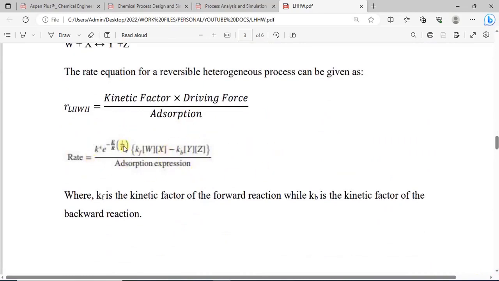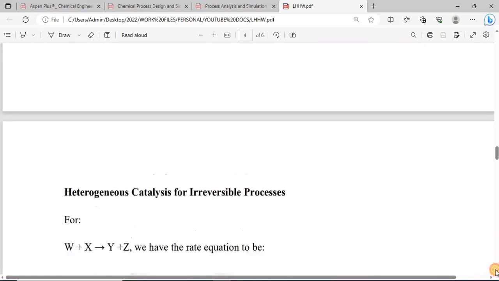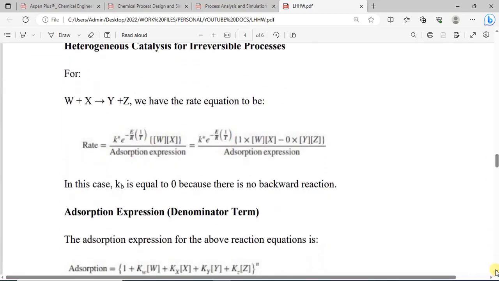So you have the forward kinetic expression and the backward kinetic expression all over the adsorption term. This is for a reversible process, as I said earlier. And for the irreversible process, Kb is equal to 0, and you don't have a backward reaction, right?